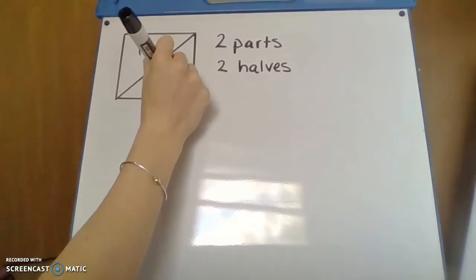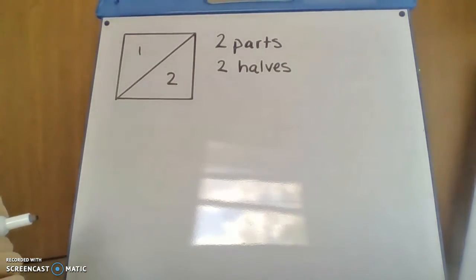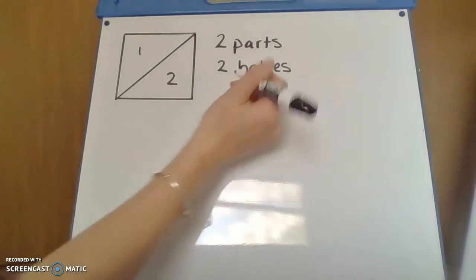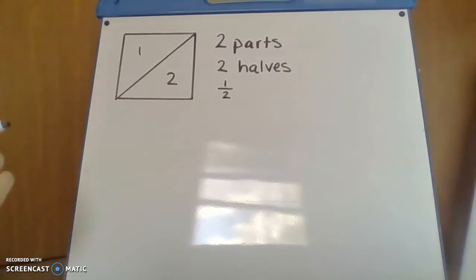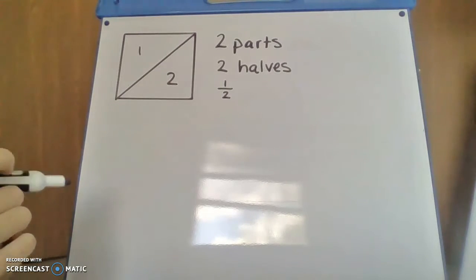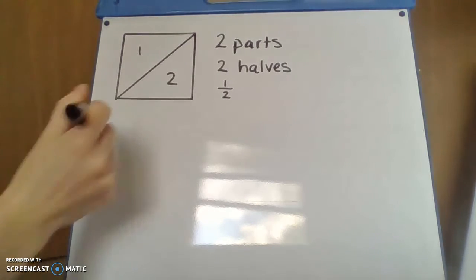This is one and this is two, because remember, we split them apart. So this is what we have. This is half. We also write it like this. So that's a half. Then what we're going to do next is we're going to practice splitting other shapes in half.